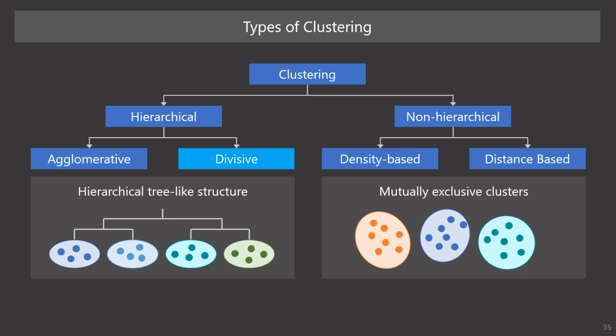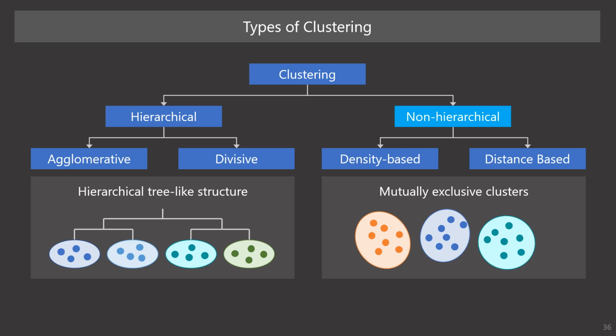Divisive clustering is a top-down approach. First, all observations belong to one cluster. Then, they are split into multiple clusters. These clustering processes move down, forming a tree-like hierarchy.